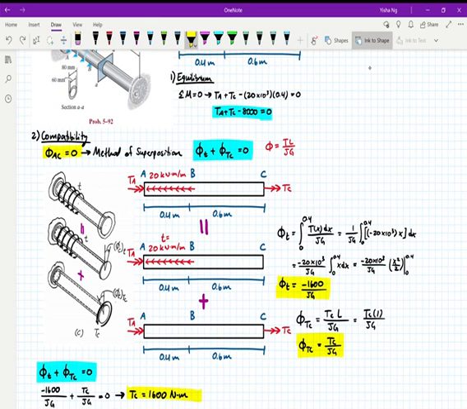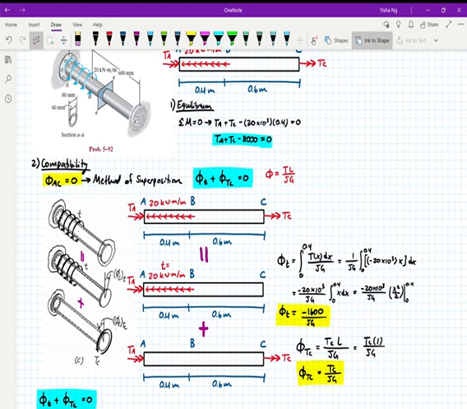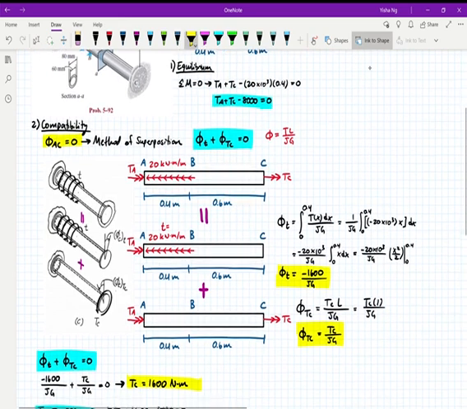We're going to break it down into the angle of twist which results from just the distributed torque, add to that the angle of twist that results just from TC, the torque at C, because those are the two torques that are acting on the shaft if we pretend it's fixed on one end. And so here are the 2D side representations of that. You've got your distributed torque but no TC, plus no distributed load but a TC over here. And so we're going to use these in order to find our two angles of twist.